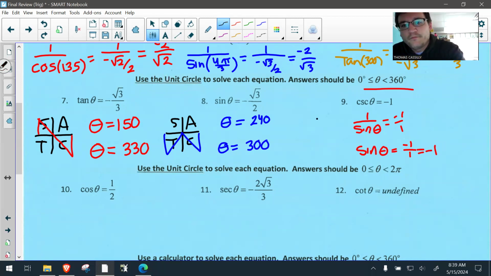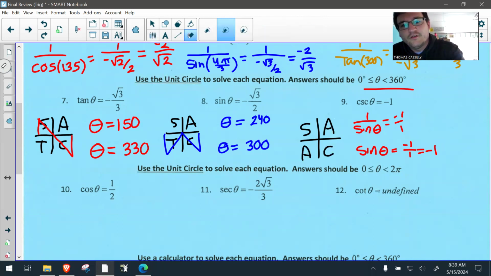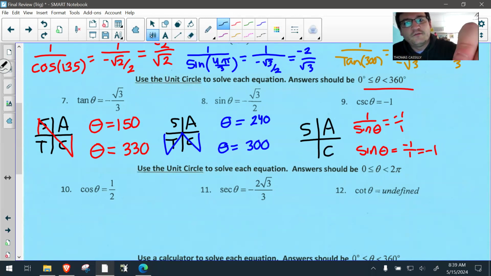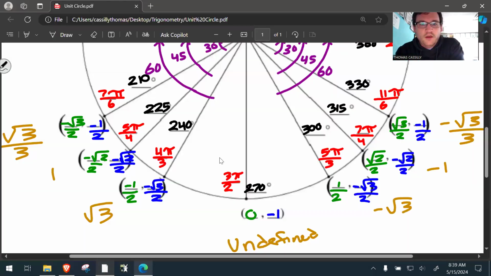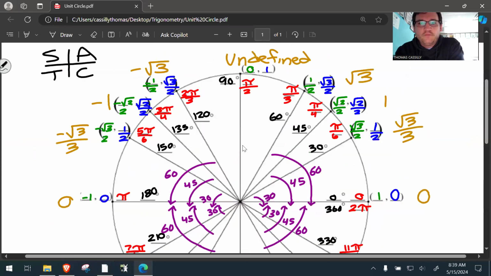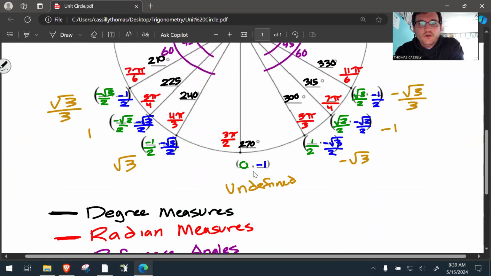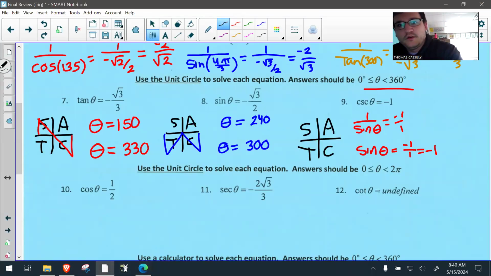But again, it is a negative value, so we know that sine, All Students Take Calculus, we need to find negative 1 on our unit circle. I believe there's only one spot where sine is negative 1, which is right here, 270. So in this one, theta equals 270.